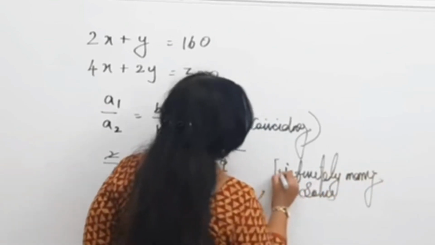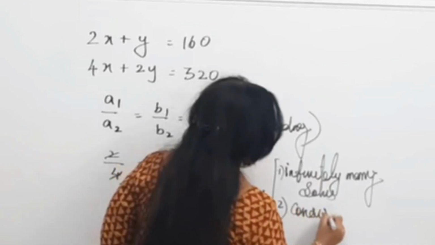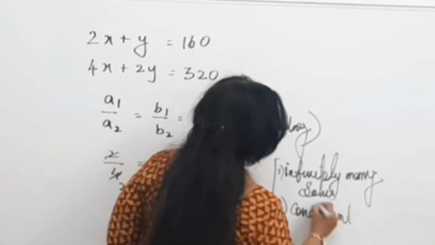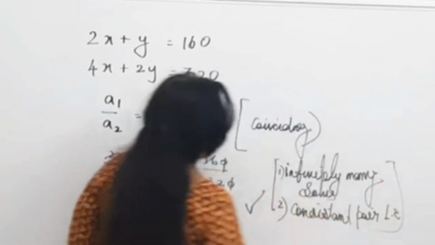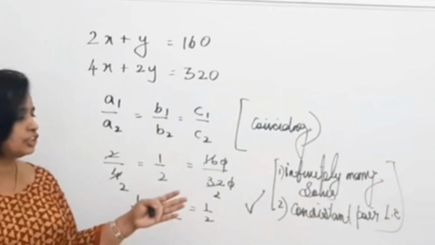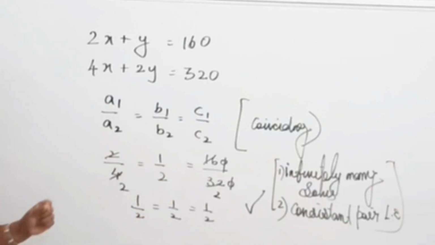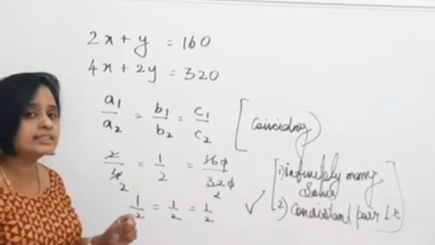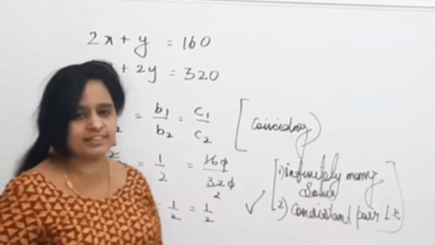And the second one, it is a consistent pair of linear equations. So we conclude algebraically that the equations have infinitely many solutions and they are a consistent pair of linear equations. Should we move on to the next question?